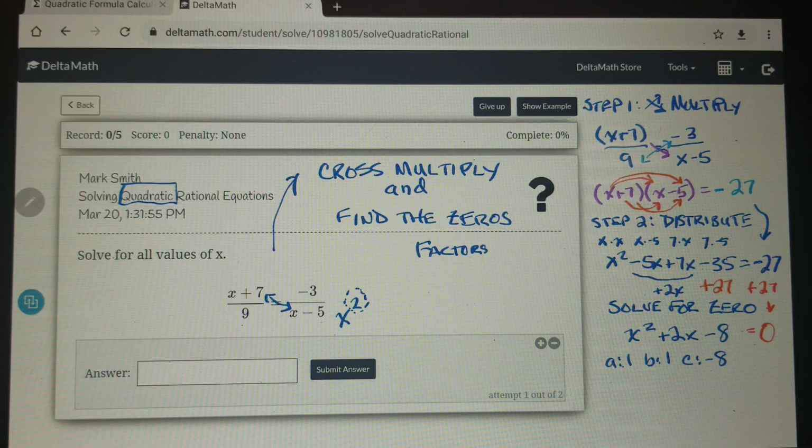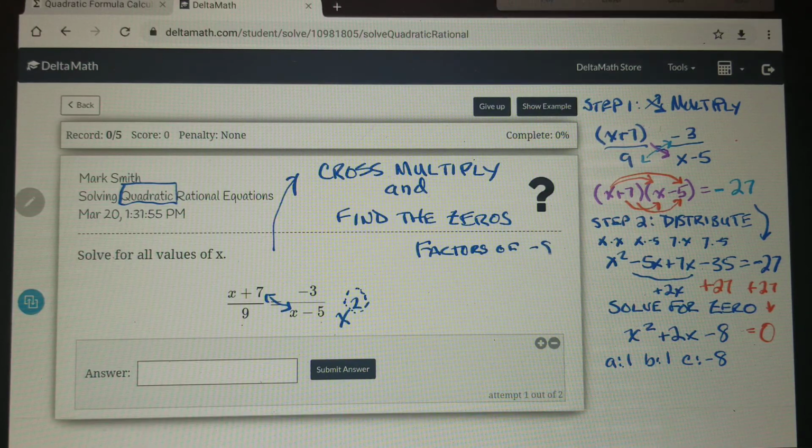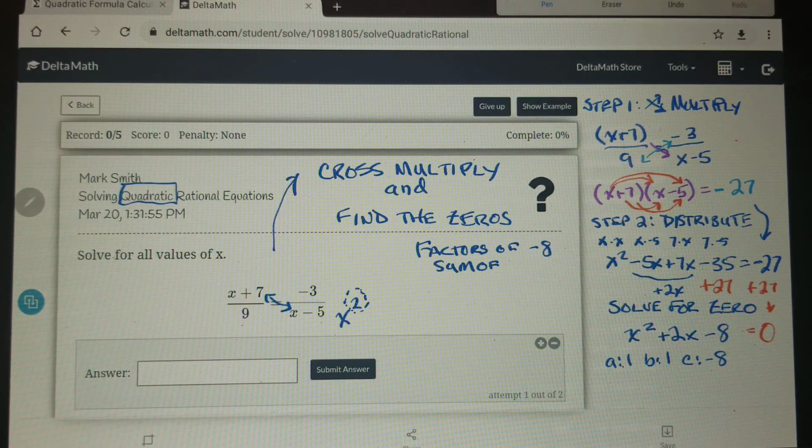So you would want the factors of negative 8 that have a sum of positive 2.